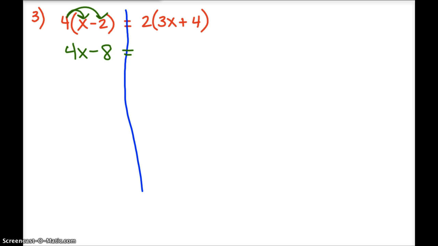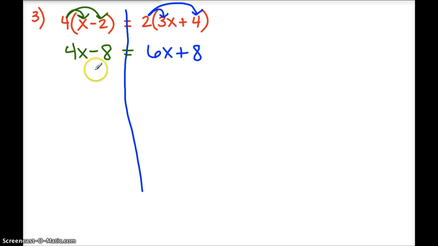And then over here on the right, I have 2 times 3x and 2 times 4. So 2 times 3x is 6x, and 2 times 4 is 8, and that will be plus 8. So distributive property is done.